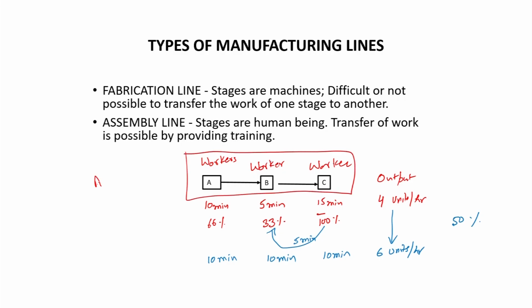So, then it will be called assembly line. I hope you will get the idea what is meant by assembly line and what is meant by fabrication line. In fabrication line, our workstations are mainly machines, and generally it is not possible to transfer the work from one workstation to another, whereas in the assembly line the stations are human beings. So, transfer of work is possible by providing the training.